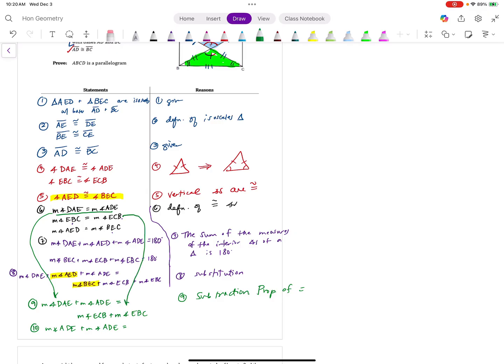So angle ECB is the same as the measure of angle EBC, which is a substitution.